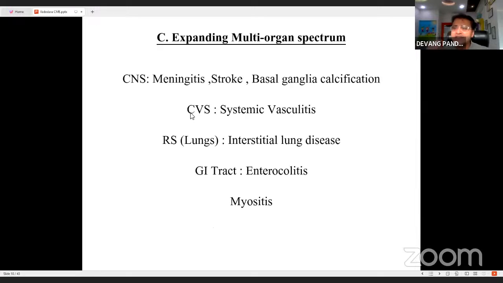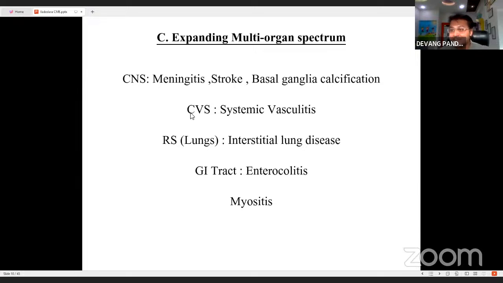Now, this spectrum is expanding. We now know that these diseases have a multi-organ spectrum. In the central nervous system, it can present with recurrent meningitis where we don't find any cause, so I'll say aseptic meningitis, stroke, recurrent stroke, basal ganglia calcification. On the cardiovascular side, it can present with systemic vasculitis, which is again a multi-organ disease.